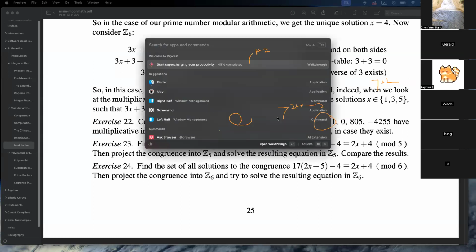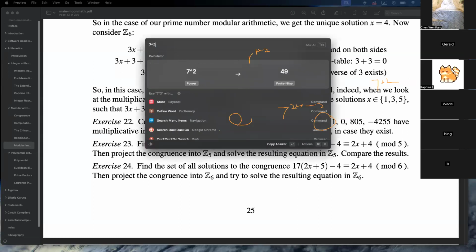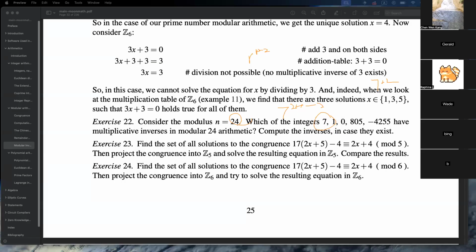Wait, is the calculation wrong? Just this calculation. Make it mod 24. No, it's 1. Apparently so, the inverse of 7 in modular 24 arithmetic is 1.